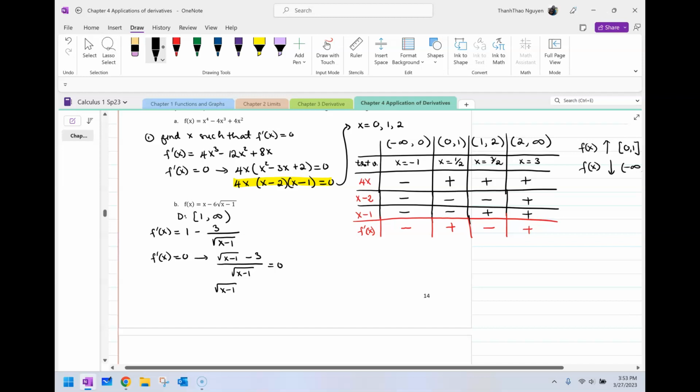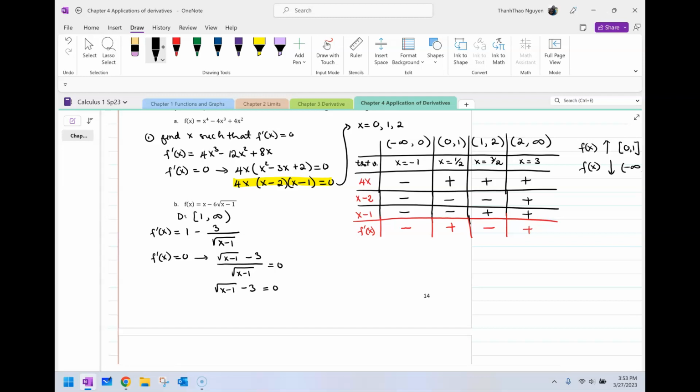Root of x minus 1 minus 3 equals 0. Root of x minus 1 equals 3. x minus 1 equals 9. This means x equals 10.